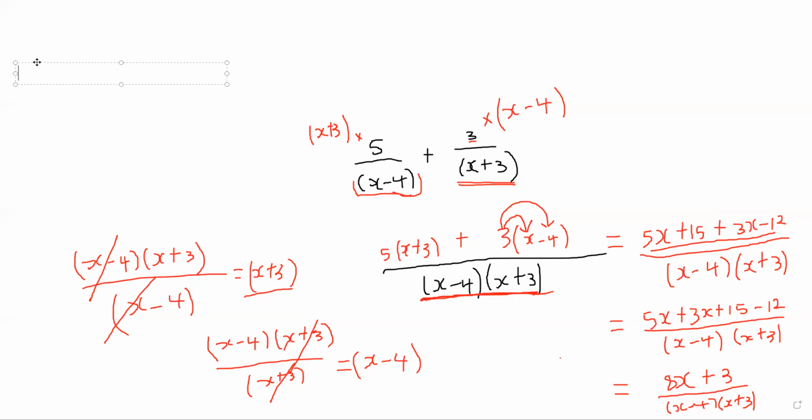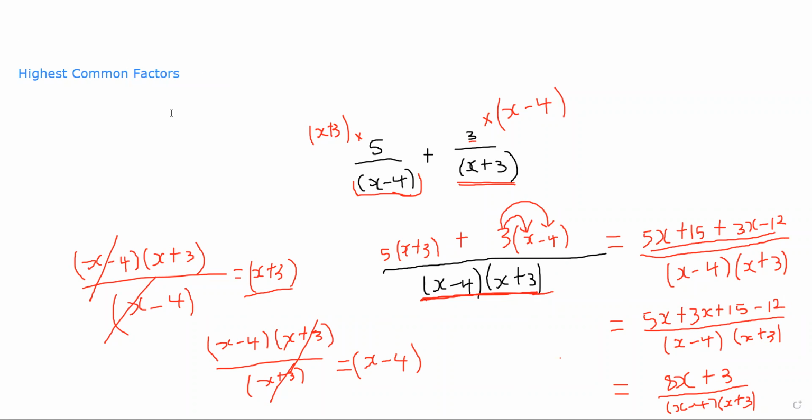But before you understand how to factorize, you've got to know how to find the highest common factors of different variables.